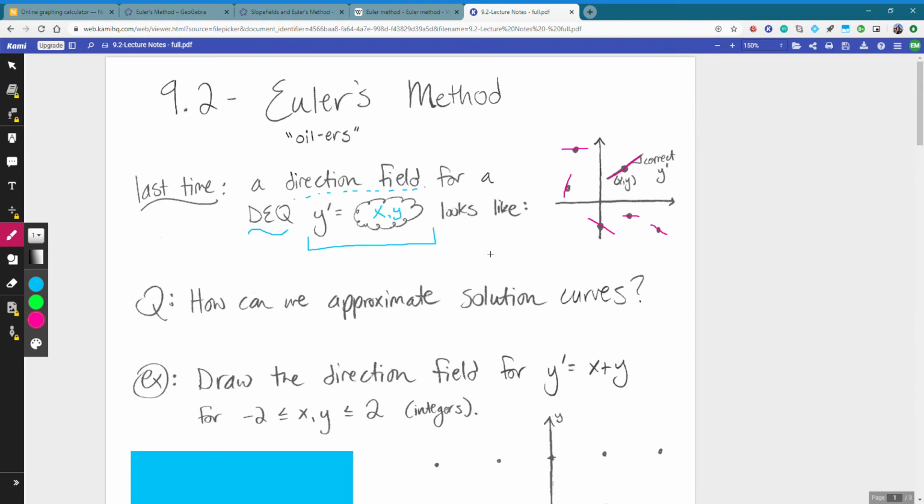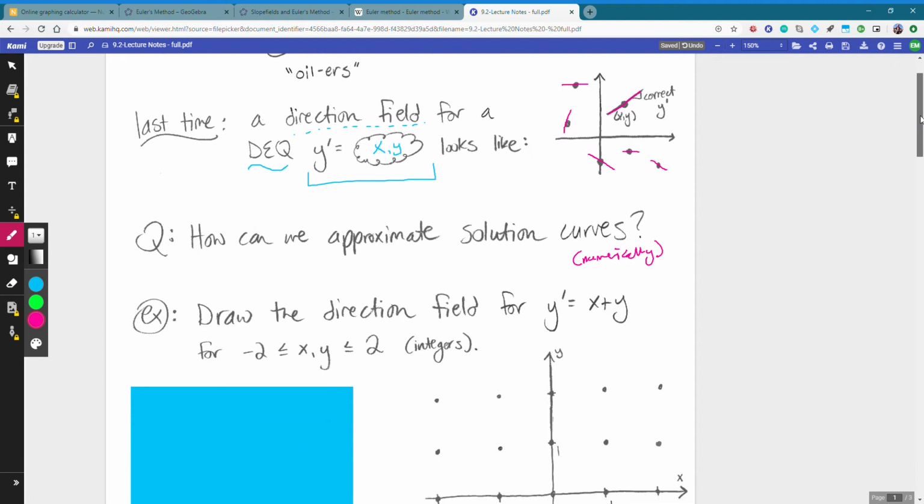Today we're going to look at how we can actually start to approximate these solution curves. And the idea is to approximate these solution curves kind of numerically. How can we start to get some values out of this in some coherent way? Well, to start, let's play around with the idea of direction fields and get more of a feel for those.